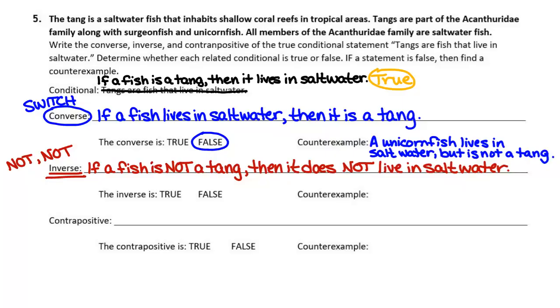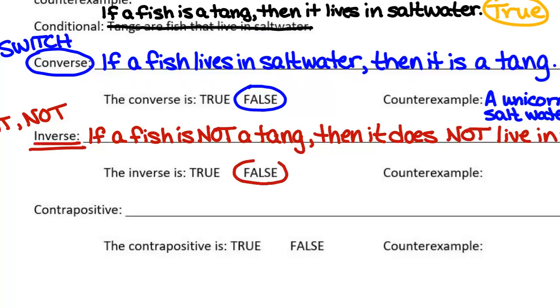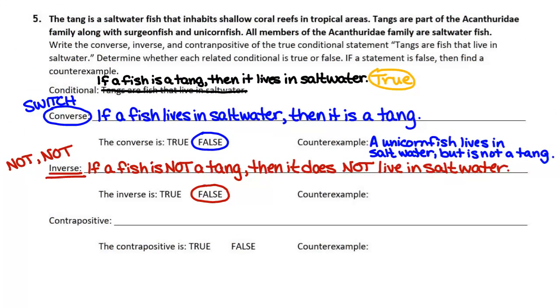Is that true or false? If a fish is not a tang, that is false. So I need a counterexample then, since we said it was false. I need an example of a fish that is not a tang, but that does live in salt water. We could do unicorn fish again. I can use the exact same counterexample from the previous one. That is something that lives in salt water, but is not a tang.